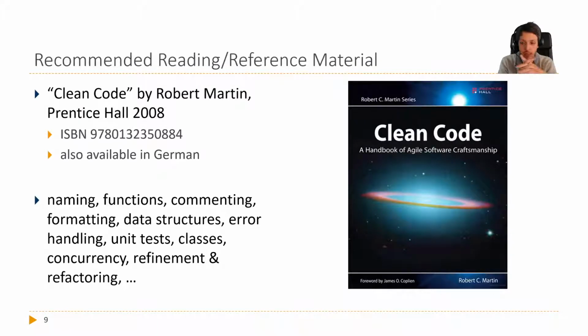It's also available in German translation, and it holds a lot of information about how to write clean code, how to name your functions, how to name your identifiers, what portions of code should go in their own function, whether you should use flags or structs or templates or overloading in order to differ between different variants of your functions, how to assemble your data structures, how to write unit tests, and all of this stuff, how to even refactor your code if you want to move from a bad code base to a better code base, how to do this refactoring process.